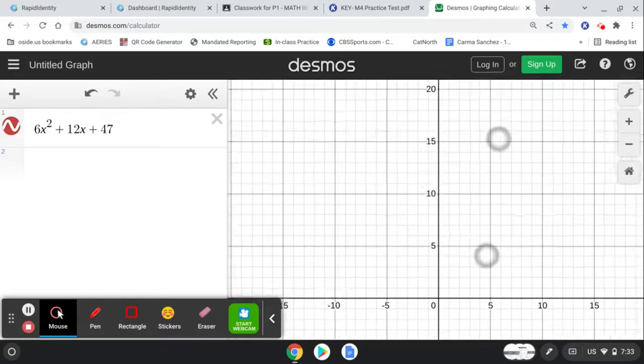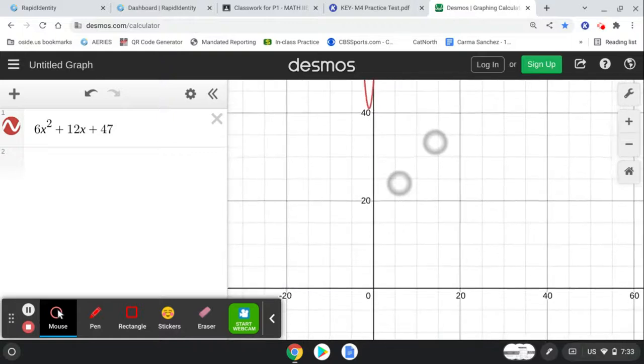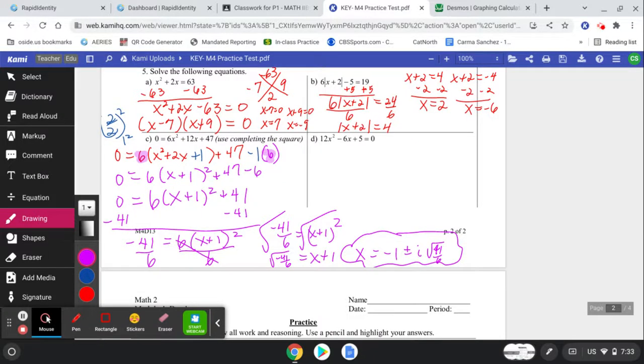It's way up here. It's got an i in it because it does not touch the x-axis. So it's this really skinny, a stretch of 6, right? It's going up 6 times as fast as the parent, and it's way up there, and it never touches the x-axis. So that's why we got this i in our answer, because it doesn't touch the x-axis.